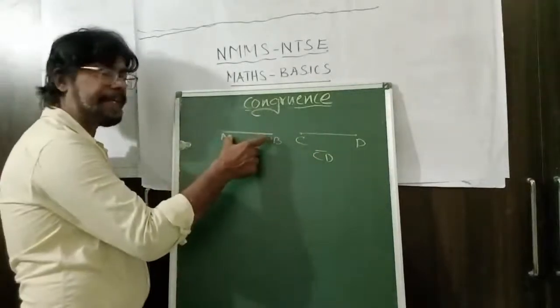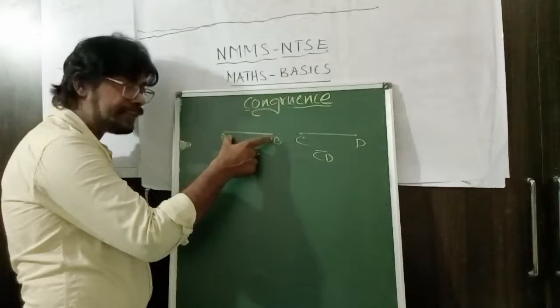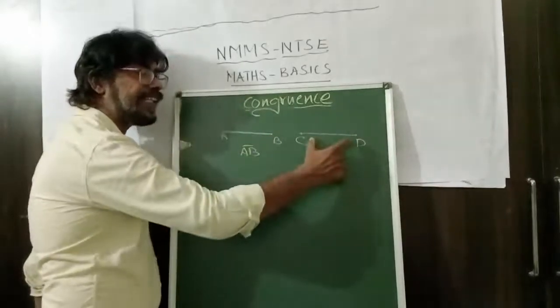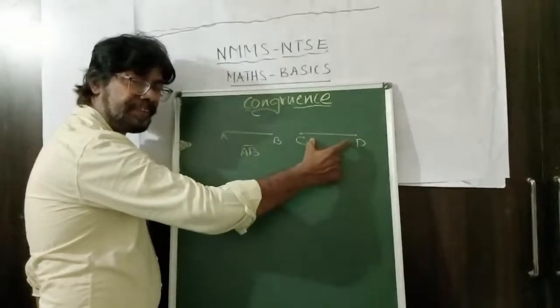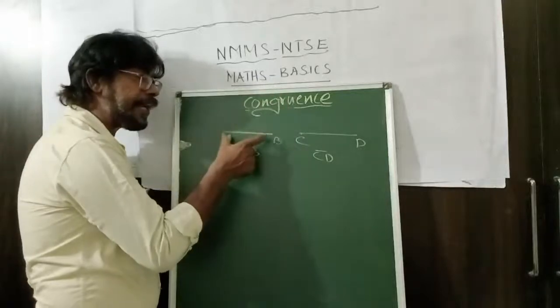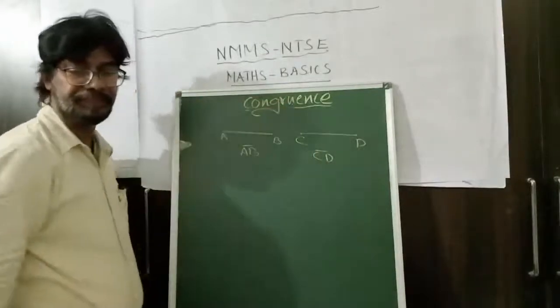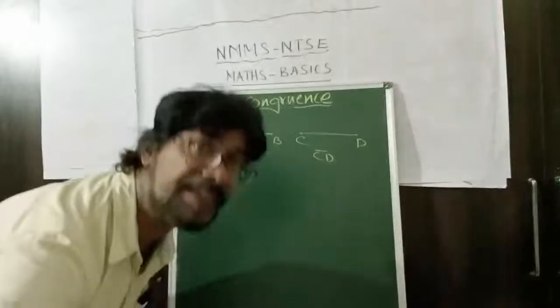If AB line is of the same length as the line CD, then we say AB is congruent to CD. AB is congruent to CD.